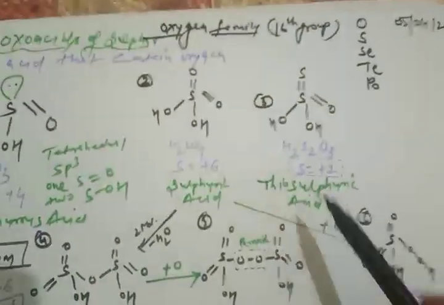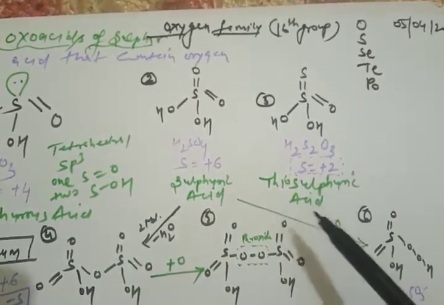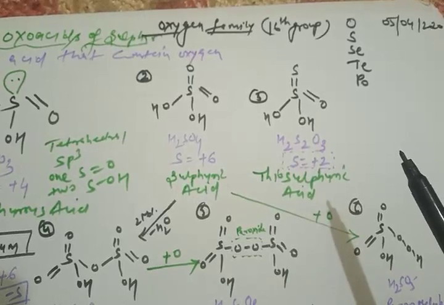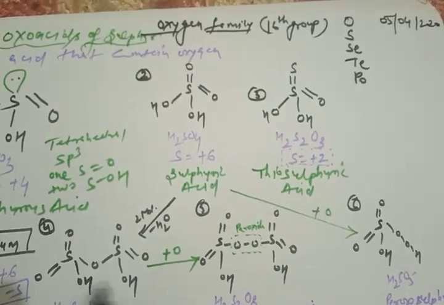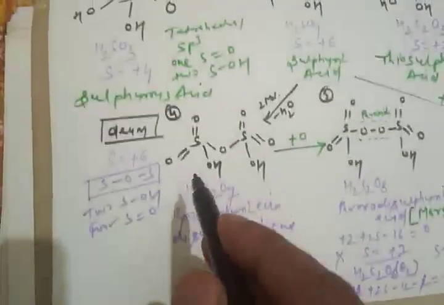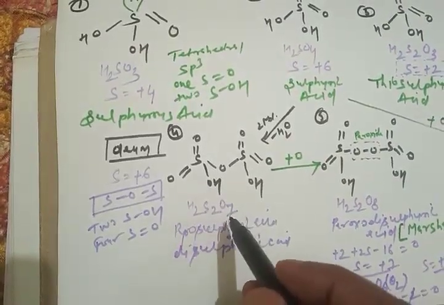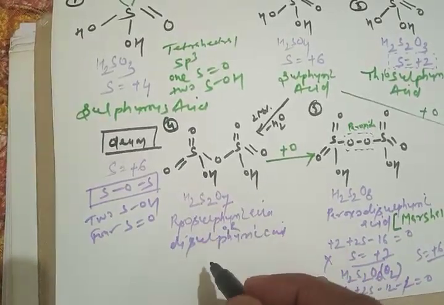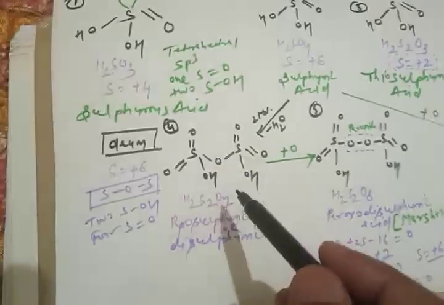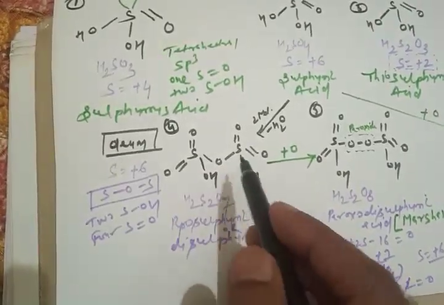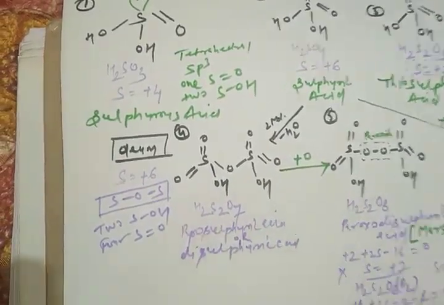Now moving again to thiosulfuric acid, or even we can go for this. If you remember, H2S2O7, removal of one oxygen from here. If you remove one oxygen, what will happen? This oxygen will be removed, so the structure will look like this.